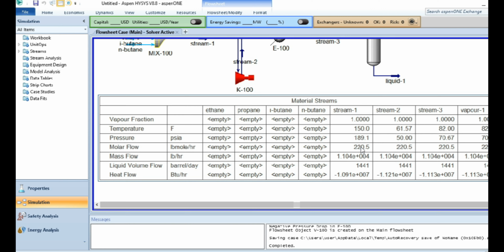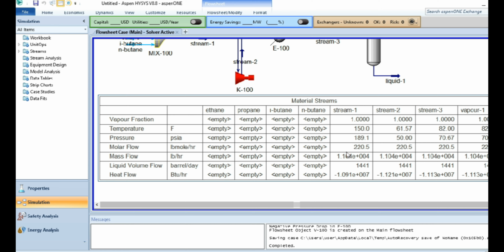In this case the unit is not the same, so you are not to expect the value to be the same. Initially I had 100 kg mole per hour, but now it turns to 220.5 pounds mole per hour.